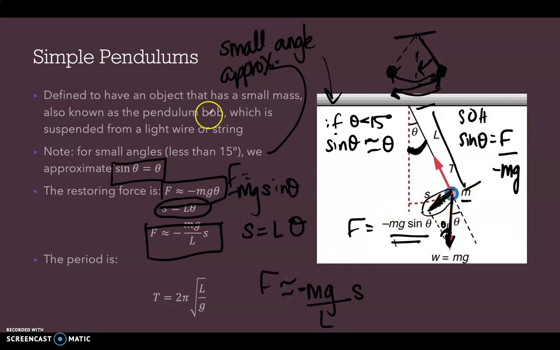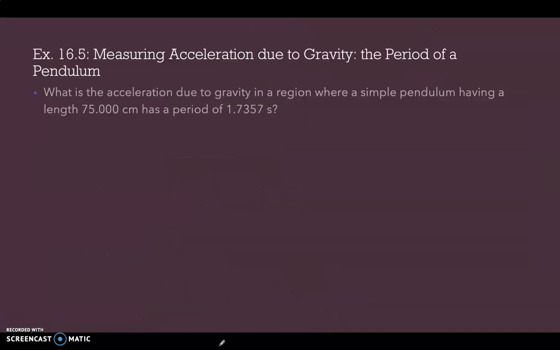We can use this information to then talk about the period of oscillation, and that is going to be T equals 2 pi square root of L over g. So that's how you analyze a simple pendulum, and we can go ahead and put this into use.